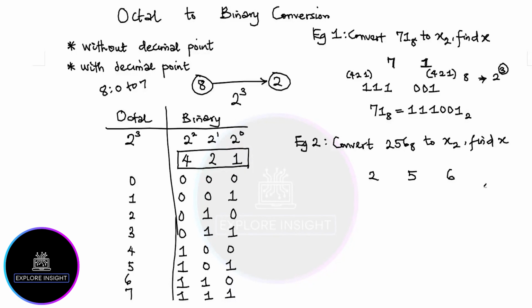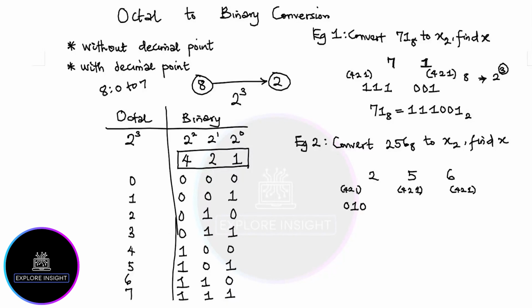And remember, I'm going to use this trick, 4, 2, 1, 4, 2, 1, 4, 2, 1, which is representing what we have here. Now, what does that mean? Since we have 2, how can we locate 2 here? It means that this one can be taken, which will turn off 4 and 1. So in this place, the representation will be 0, 1, 0.